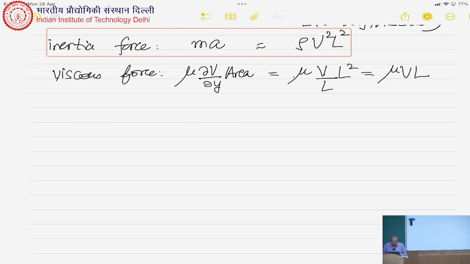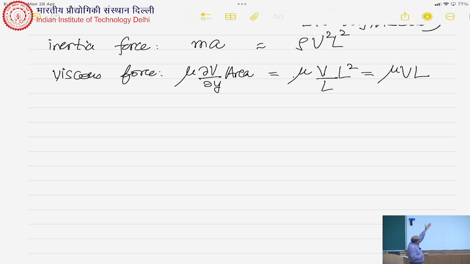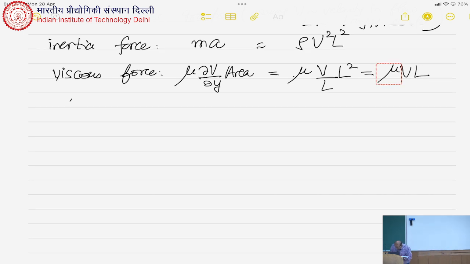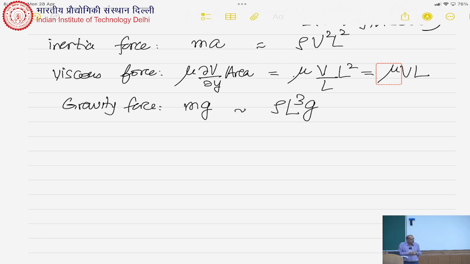I'm expressing all the different forces as a function of a typical velocity and a typical length scale. What is the gravity force? Gravity force is nothing but the weight, which is equal to mg. So this will be equal to, in terms of our variable, in gravity force weight will not come, so rho L cube g.